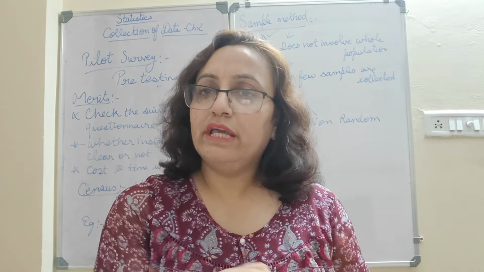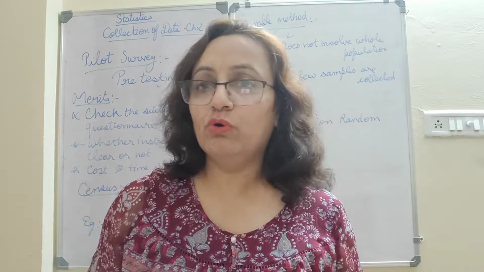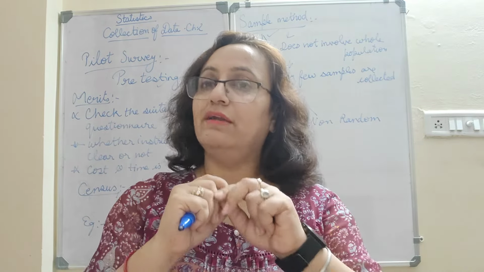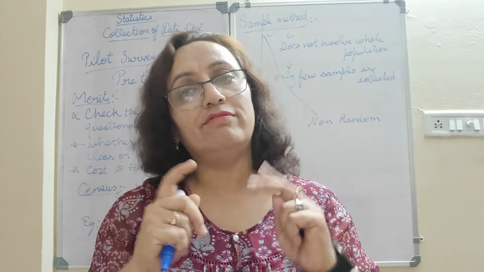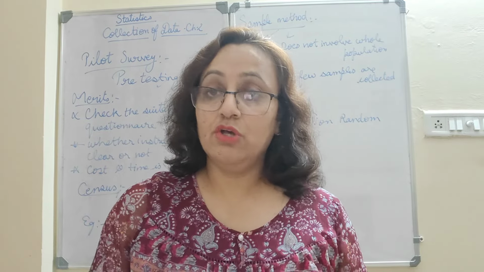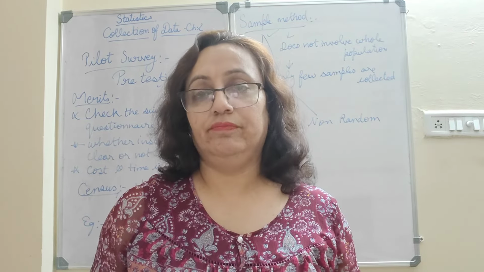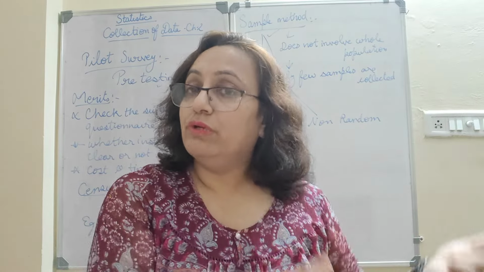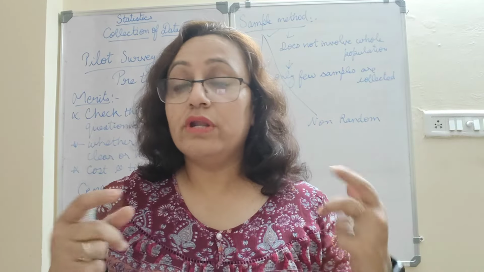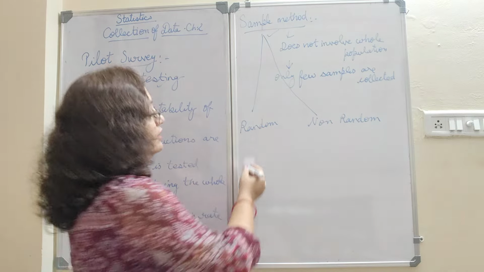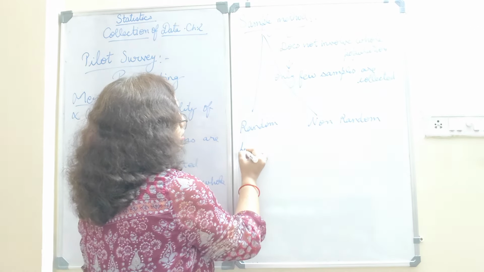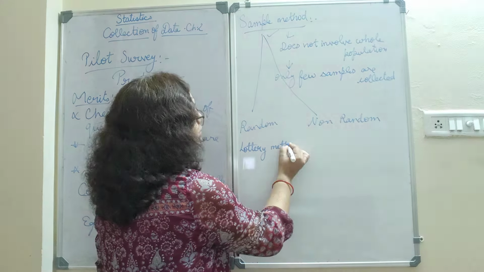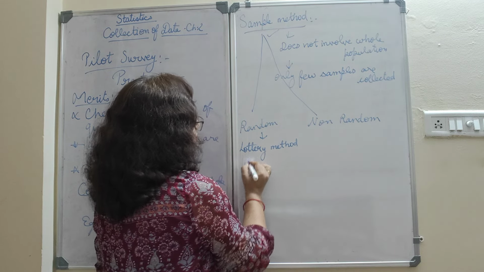What you do, you write the names of everyone and put them in a bowl, and you pick up one of the chits and give the prize to whoever's name is written on it. So that is random sampling, right? Randomly you are picking up the people and then doing the study. Random sampling is also called the lottery method, meaning people are selected randomly.